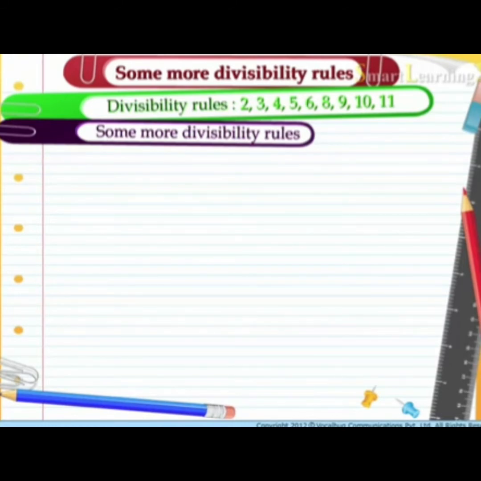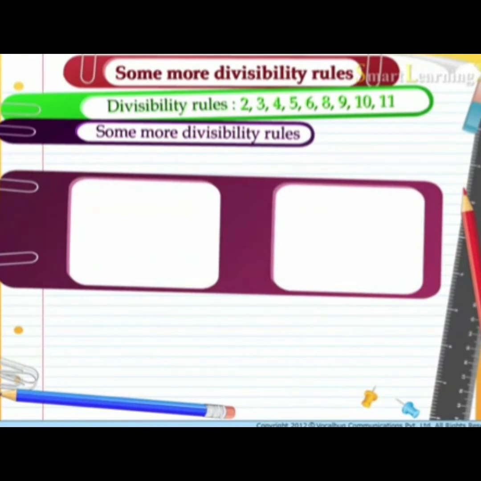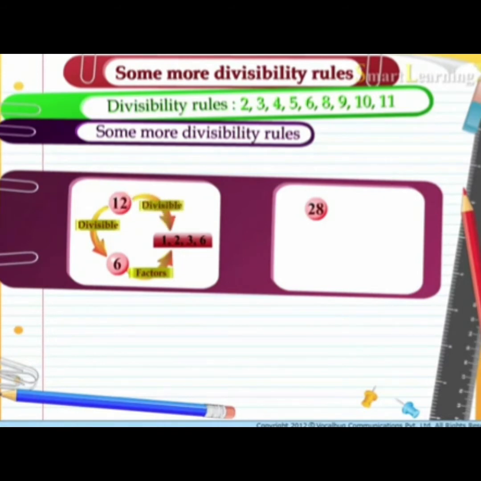For this, consider the composite numbers, say, 12 and 28. We know that 12 is divisible by 6. Now factors of 6 are 1, 2, 3, and 6. Using the known divisibility rules, we can say that 1, 2, 3, and 6 also divide 12.